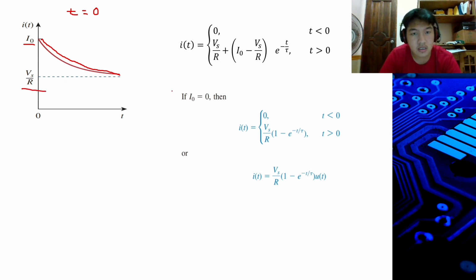And nato siya condition nga if I naught is equal to 0, then Vs over R is equal to 1. So kaning I naught is natog 1 minus e raised to negative t over tau when t is greater than 0, which is kanina siya.